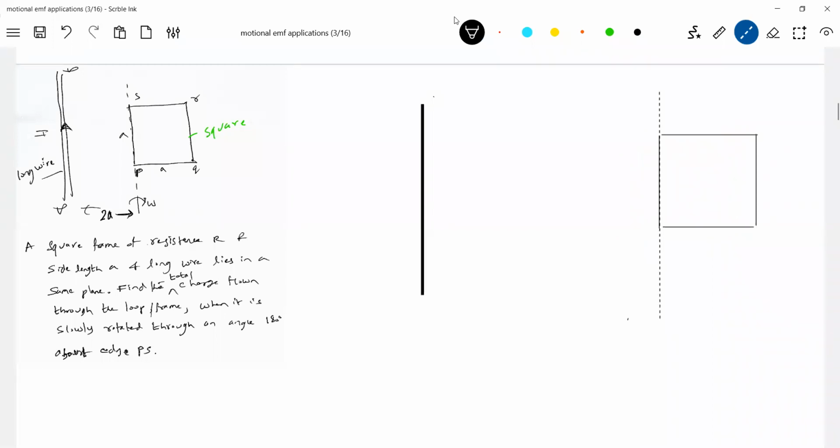I will rotate it by 180 degrees, so the loop will come to this position. There's a long wire. So what is this distance? It was given as 2A.